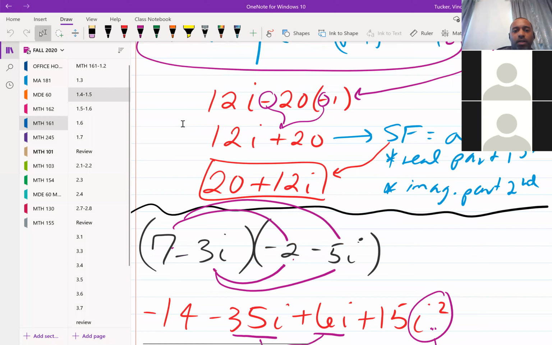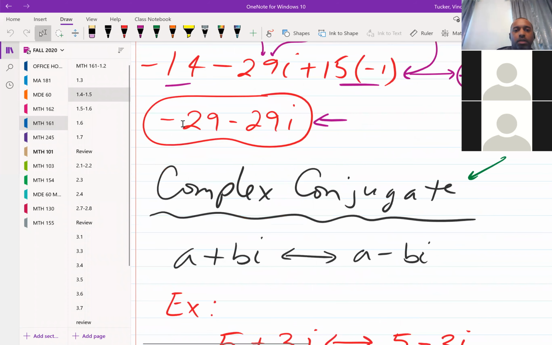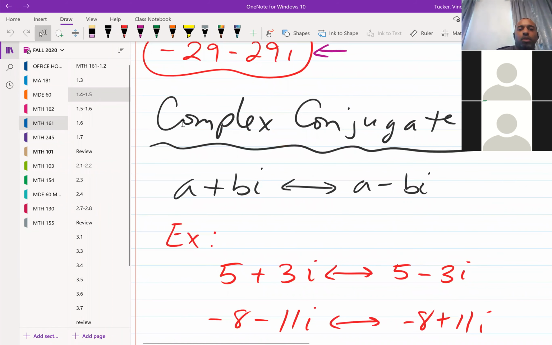All right, where did my notes go? So make sure, yeah, we did add, subtract, and multiply. So we are still in section 1.4.